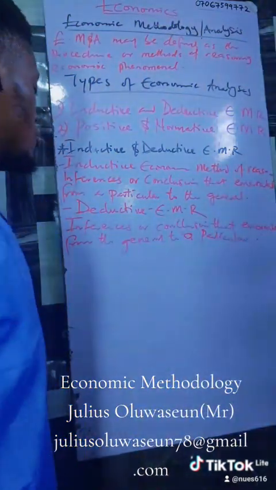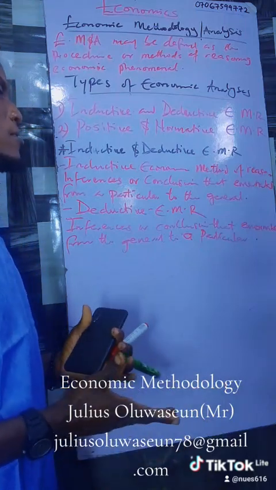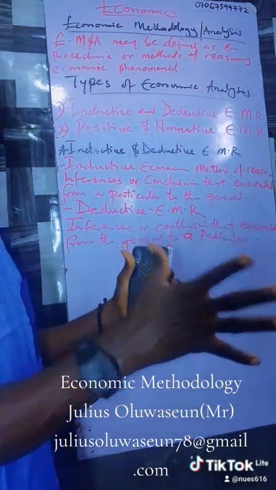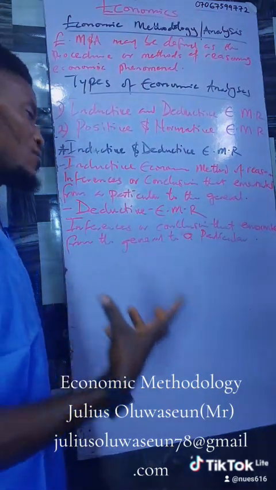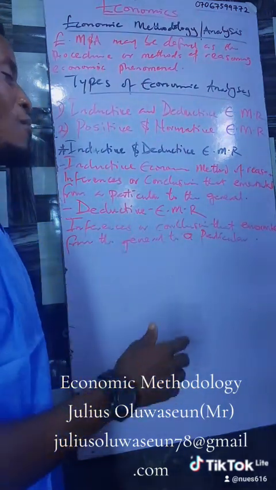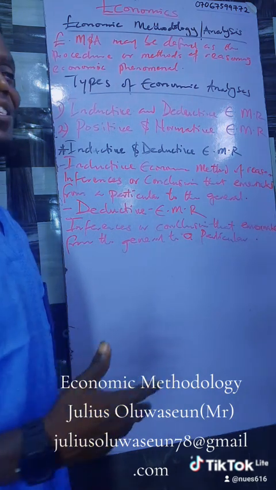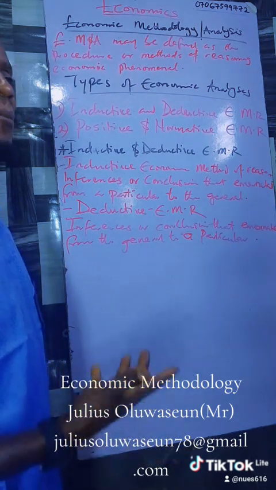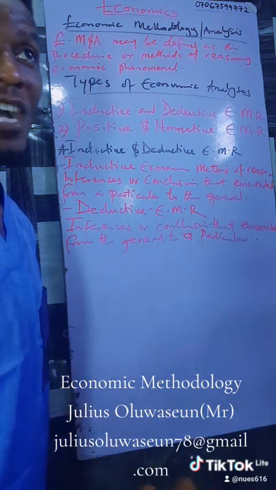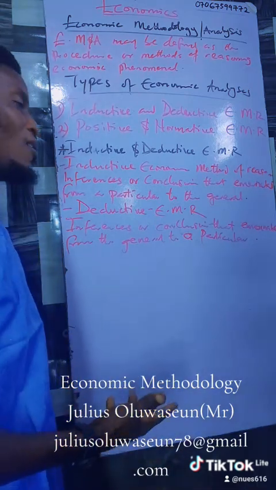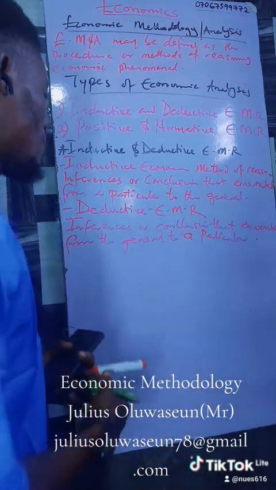Is that taken? So that is deductive economic method of reasoning. That is what the general public perceives that it is right, which an individual now accepts that it is right. A typical example under this is that they say coronavirus kills, but the truth is, have you ever seen a person that has been killed by coronavirus? That is the truth. Though it might sound like a fallacy, it is right that coronavirus is real.